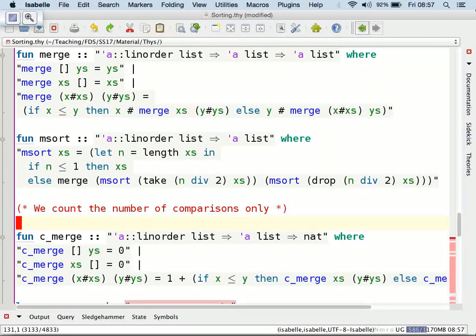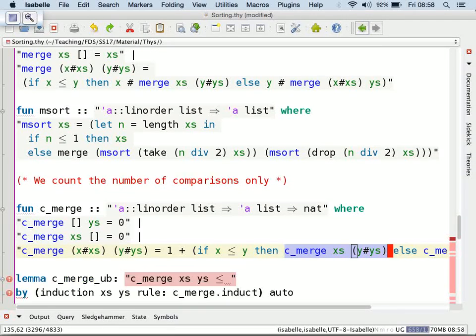And then you again have the same if then else, if x is less than y. Then it's the number of comparisons in this recursive call of merge, else it's the number of comparisons in the other merge call. So we have simplified. The timing function would produce a bigger number, but it's easier to analyze just the number of comparisons.